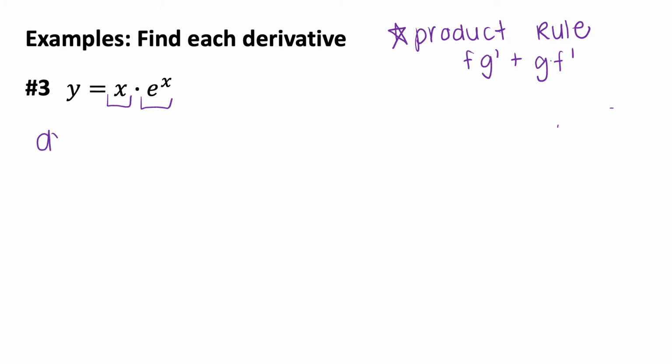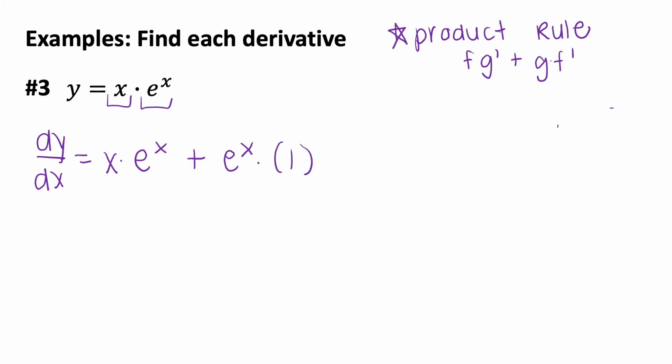Taking our derivative dy dx using the product rule, it's our first, x, times the derivative of our second. So the derivative of e to the x from the definition on the beginning slide is just e to the x, plus our second function, which is just e to the x, times the derivative of our first, and the derivative of x is just 1.